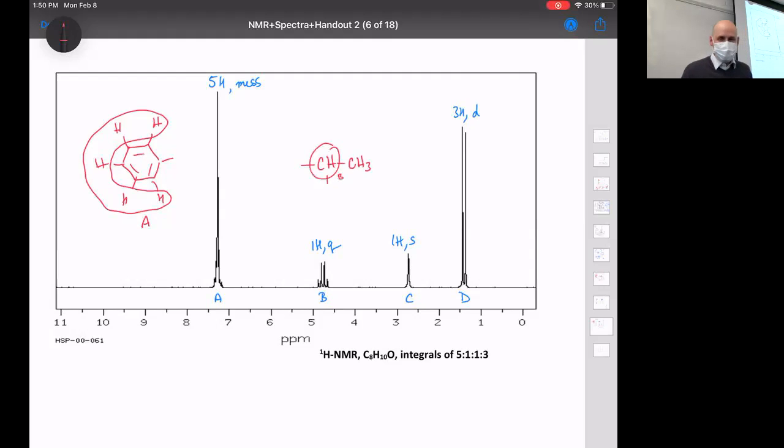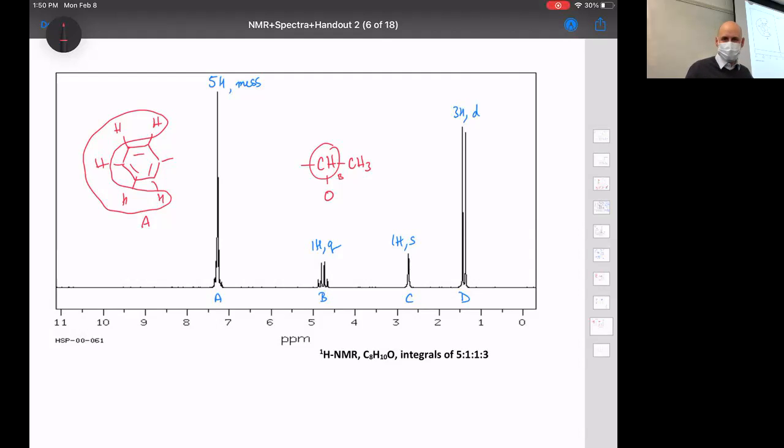Furthermore, it's above 4 ppm. So we can't say for sure what it's next to, but it's got to be at least next to that oxygen. Probably the oxygen and something else. Does that make sense?